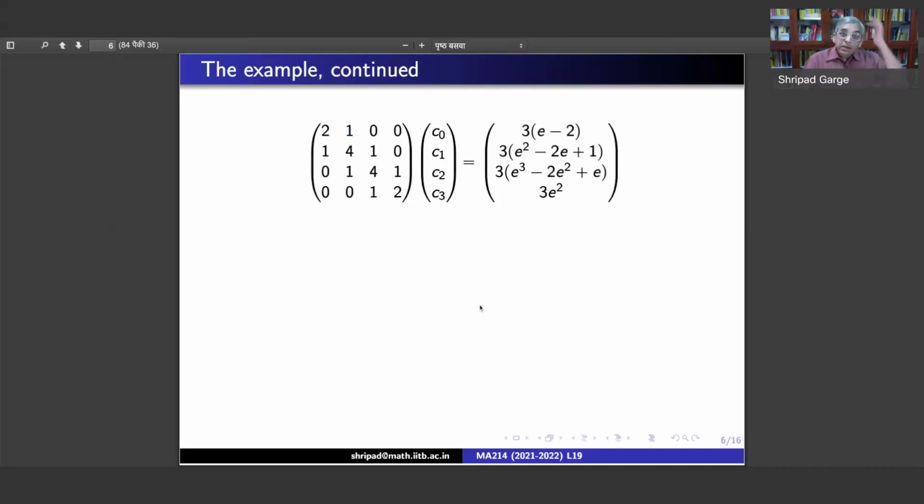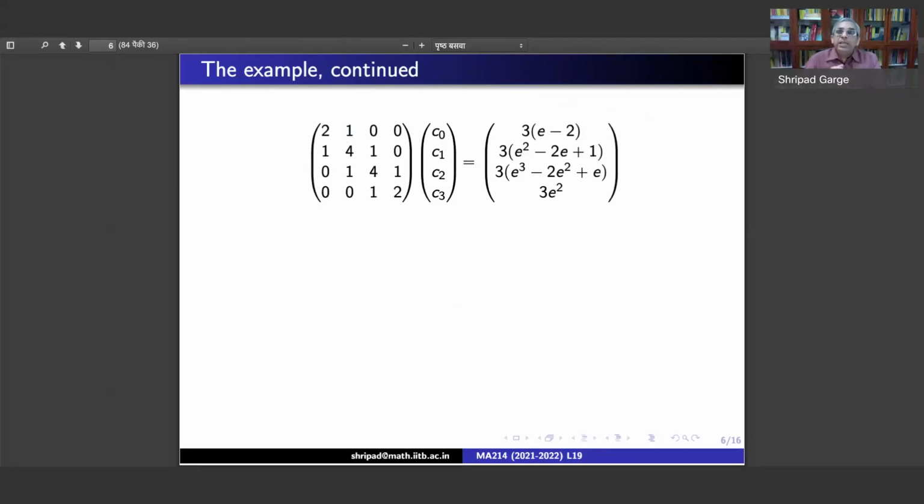But here we will actually have all the diagonal entries, possibly all the upper diagonal entries and all the lower diagonal entries also. But we will not have any other non-zero entries. So we get this matrix equation where you have a nice matrix multiplied by the column consisting of the values of Cj's which are to be computed.